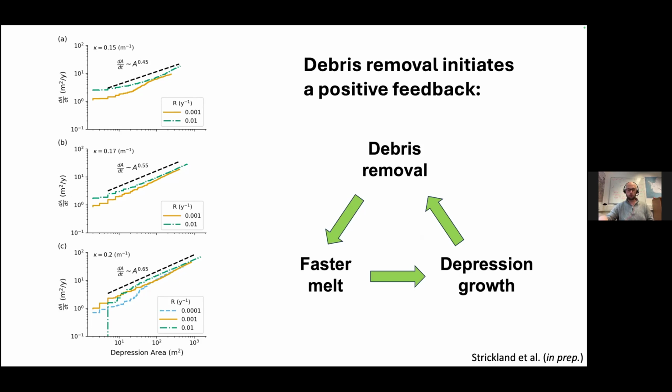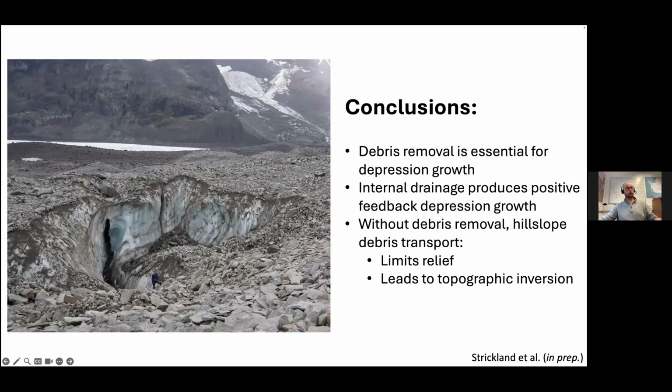So debris removal, we believe, is an essential component of this positive feedback, and our model illustrates that. So, the conclusion of findings from this aspect of the work is that debris removal was essential for depression growth here, or any meaningful depression growth.